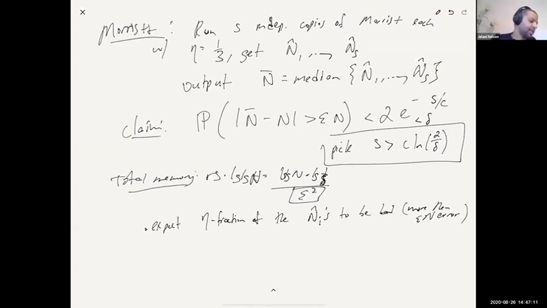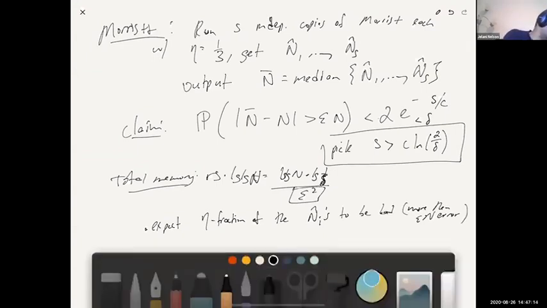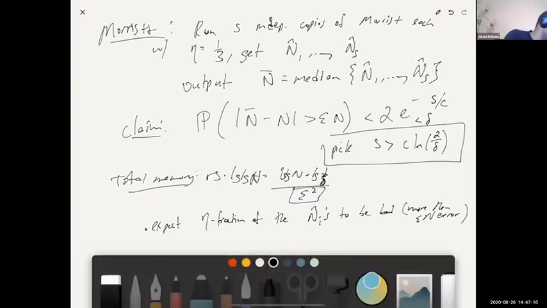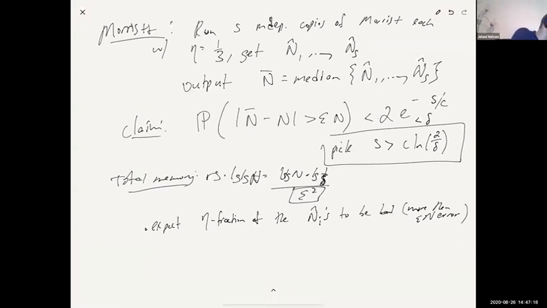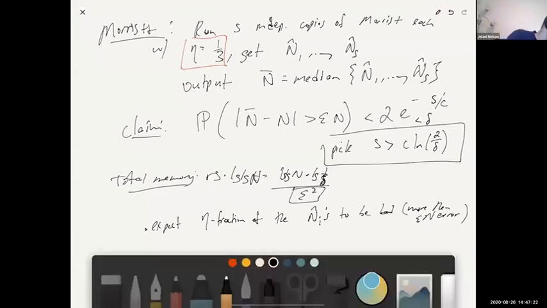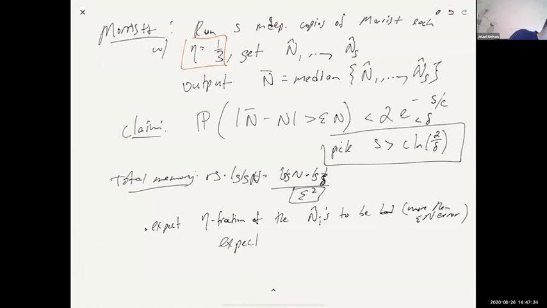How did we pick eta? I said we picked eta to be a third. So we expect s over 3 bad estimates, and we need more than s over 2 bad estimates for n line to be bad.